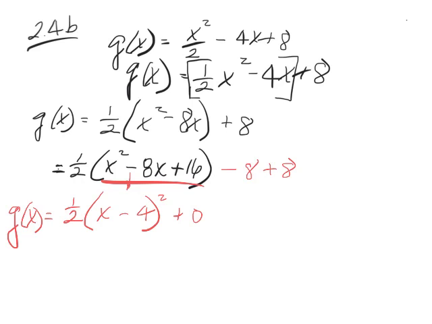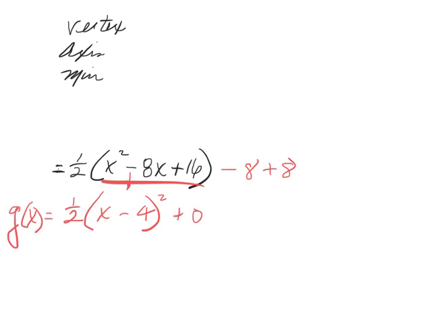So my vertex is going to be 4, 0, my h and my k.